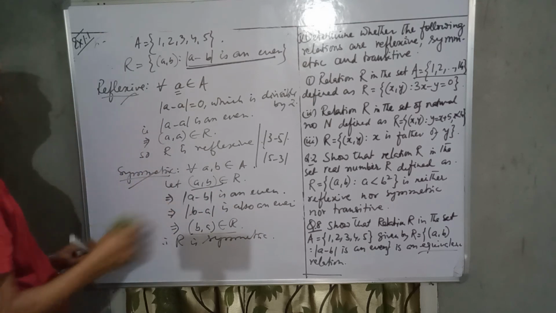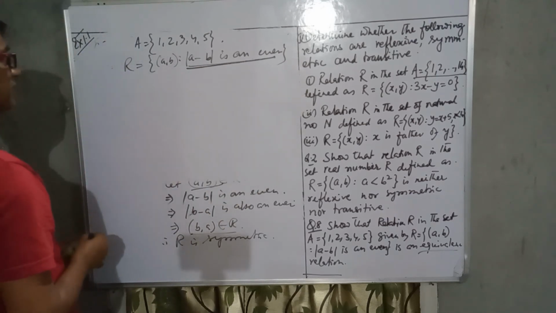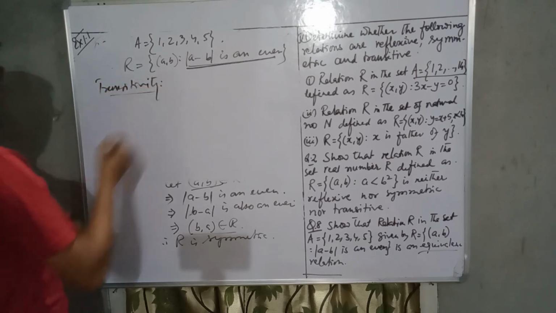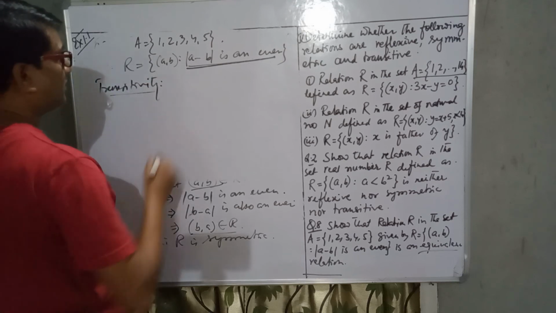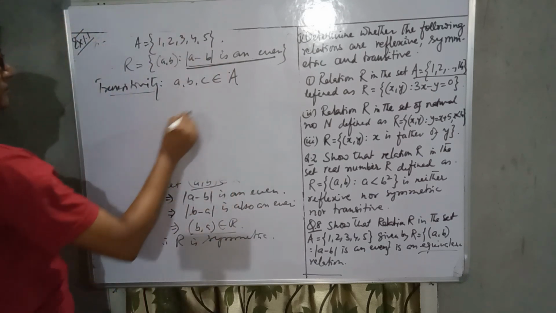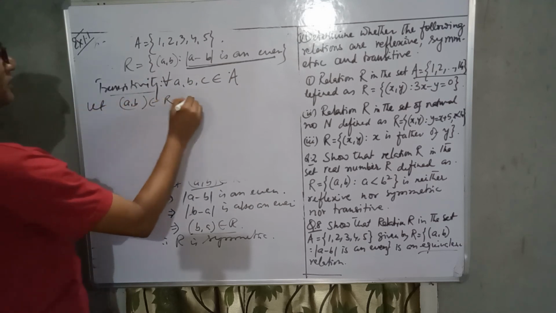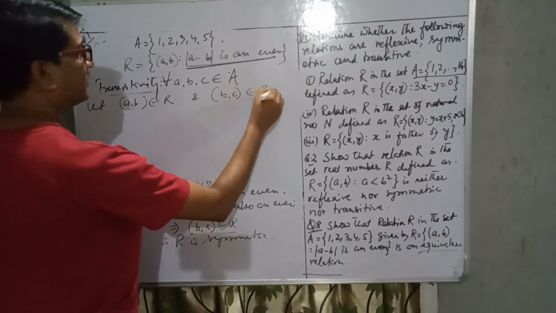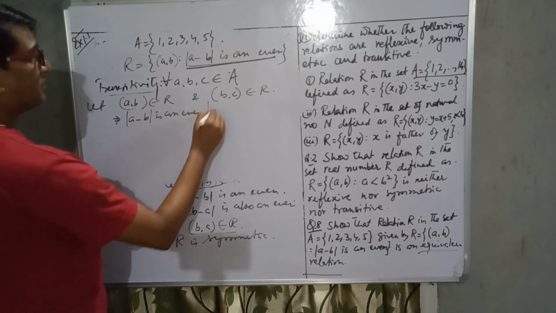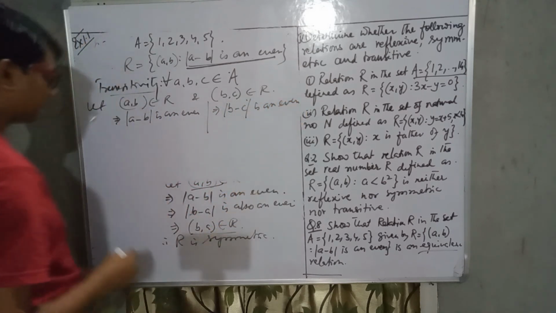Next we have to check whether it is transitive or not. Let's see transitivity. How many elements do you have to choose? 3 elements. a, b, c belongs to A. Let (a, b) belong to R and (b, c) belong to R. (a, b) belongs to R means modulus of a minus b is even, and modulus of b minus c is even.